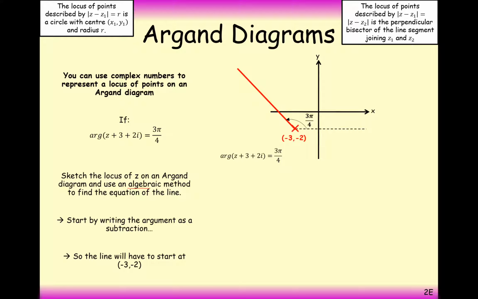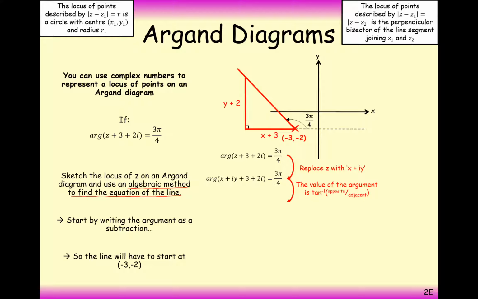Once again it's looking for us to use an algebraic method to find the equation of the line, so let's go ahead and do that. It's going to be substituting x plus yi, group together all of your imaginary and real parts, and then apply tan minus 1. Now let's draw out the triangle that we're working with here.